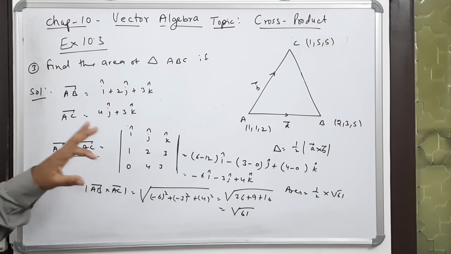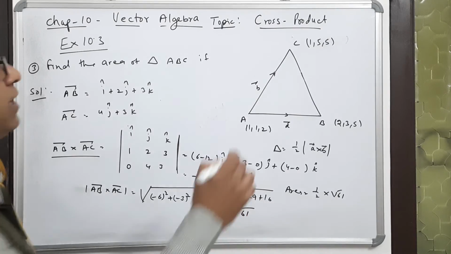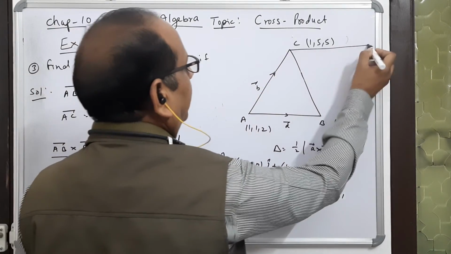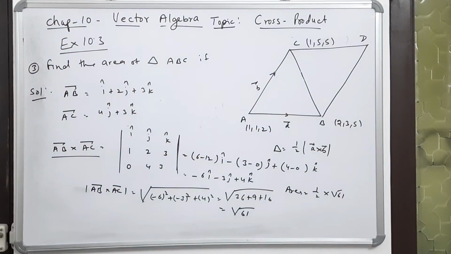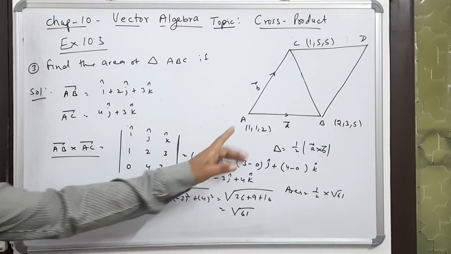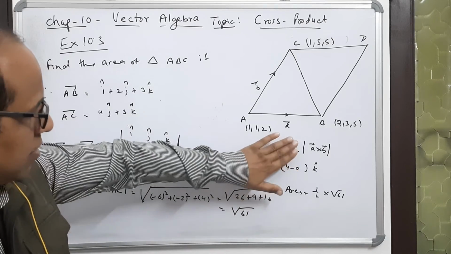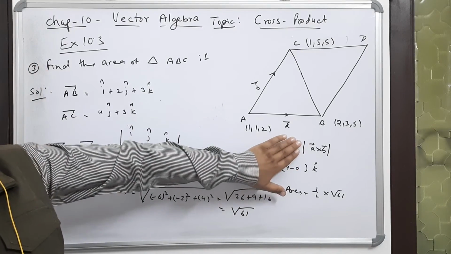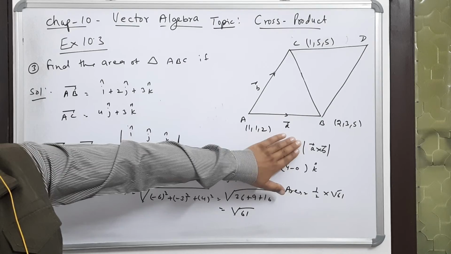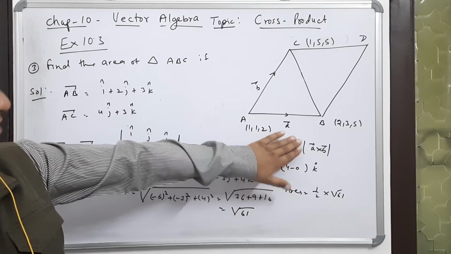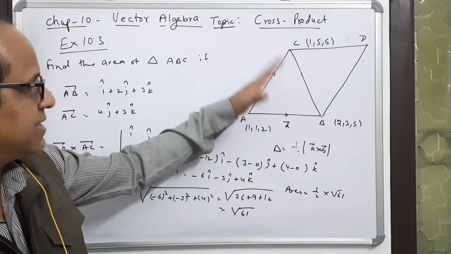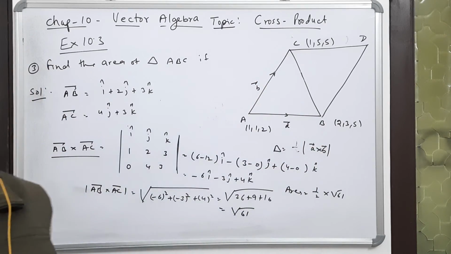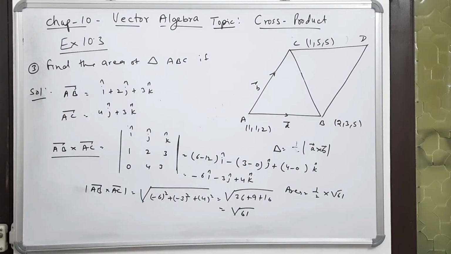And here I want to add one thing, that if this is a parallelogram and if you have one more vertex here, then the area of the parallelogram will be, we will remove this half. It is the magnitude of A cross B. If we have the vectors representing the adjacent sides, then in this way we can find the area that I already explained to you.